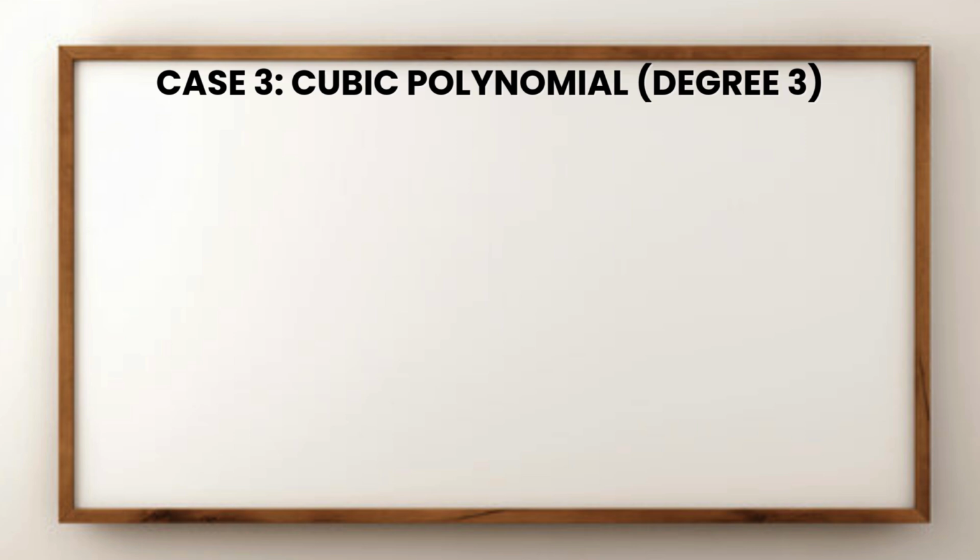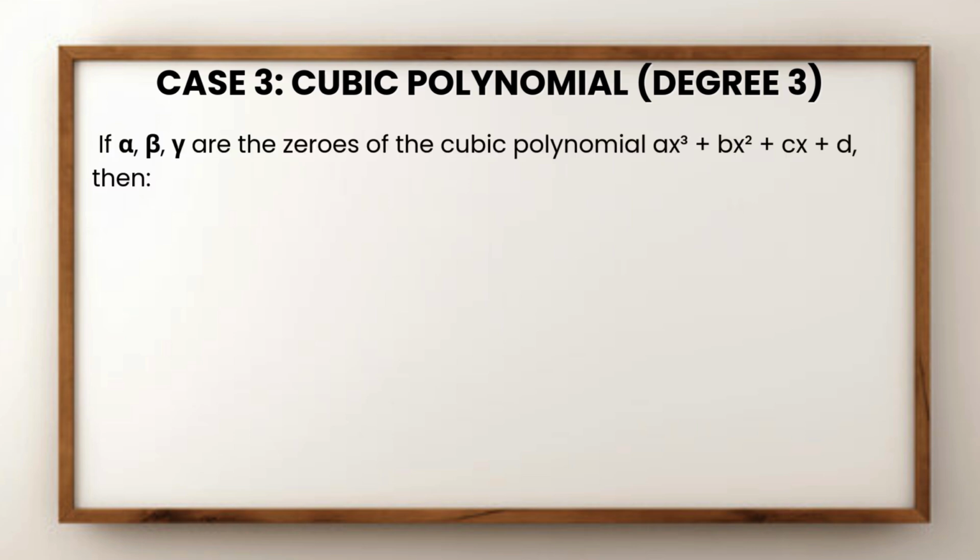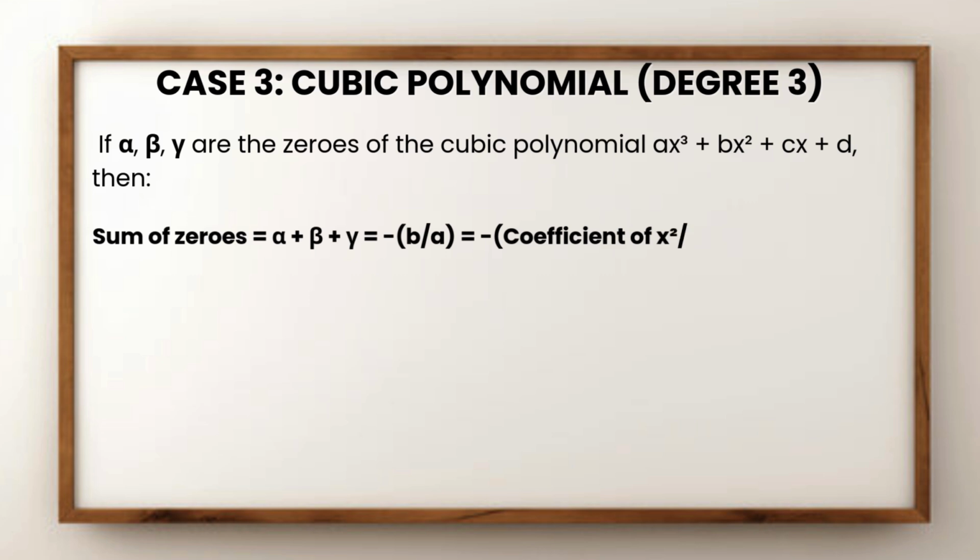So, to summarize, if alpha, beta, and gamma are the zeros of the cubic polynomial ax cube plus bx square plus cx plus d, then sum of zeros, alpha plus beta plus gamma is equal to minus of b by a, which is minus of coefficient of x square by coefficient of x cube.